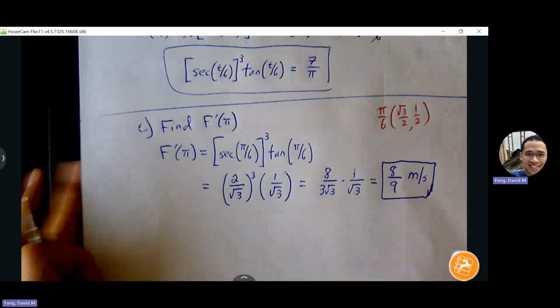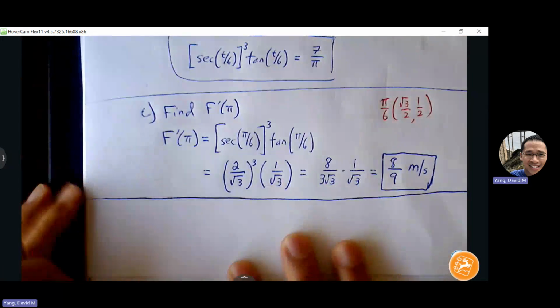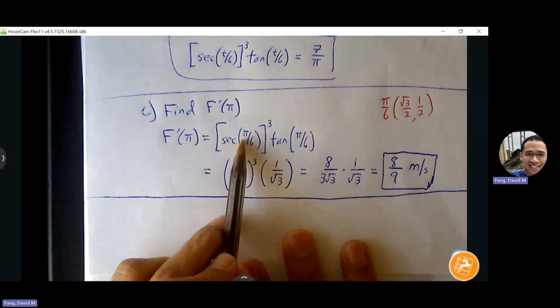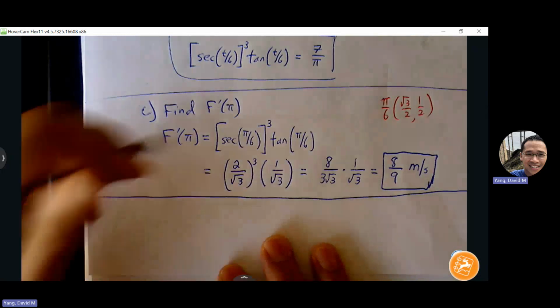Part D, we're just asking for instantaneous velocity at a different t value, so at 2 pi. So repeat the same process, just plug 2 pi instead of pi in for the t value.